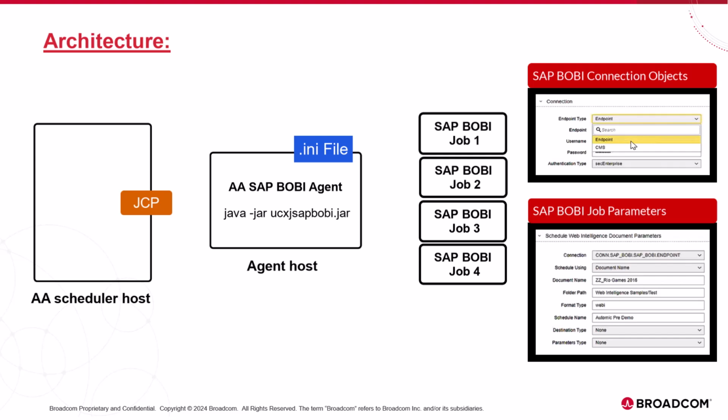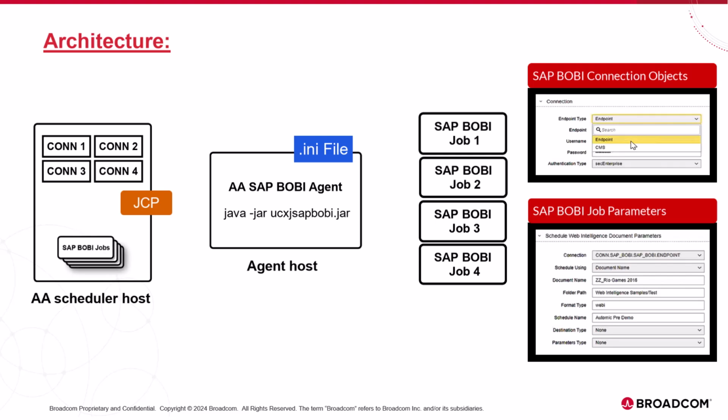Let's assume we're automating for 4 instances of SAP BOBI. We create a connection object in Automic Automation for each instance by duplicating the con template for each of these instances. Lastly, we create the SAP BOBI jobs in Automic Automation for each corresponding process in SAP BOBI. The Automic Automation jobs include the connection object based on the target system.